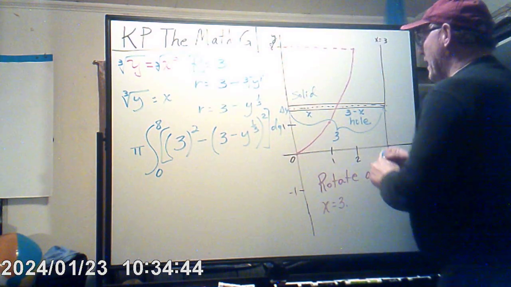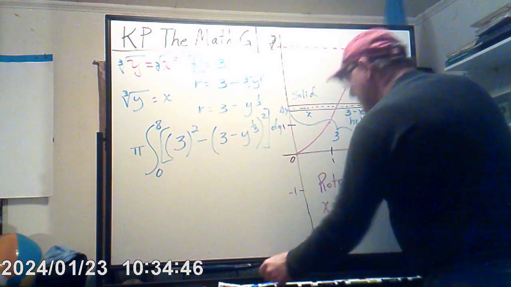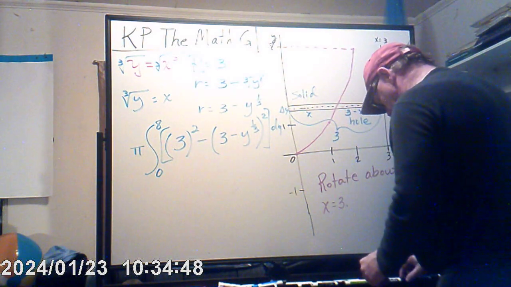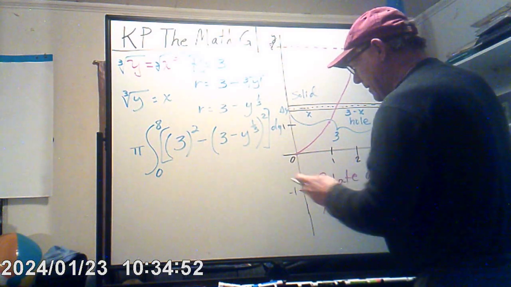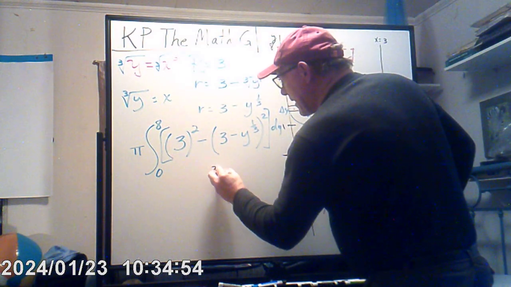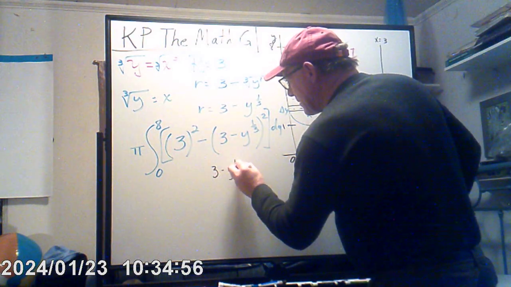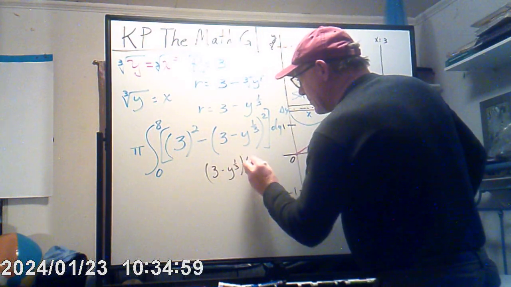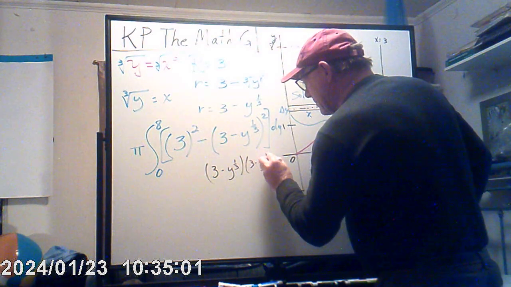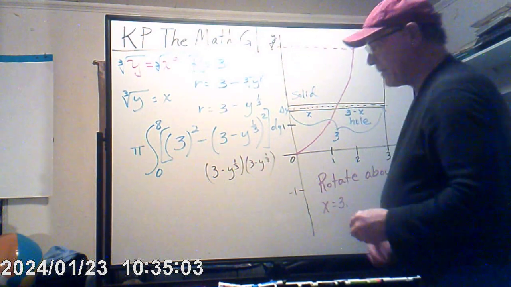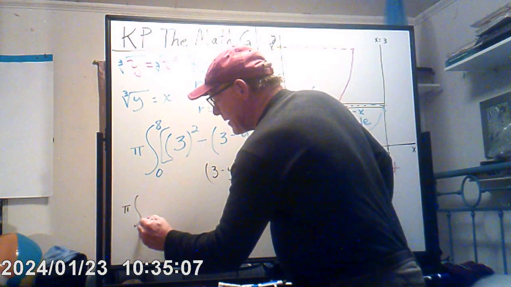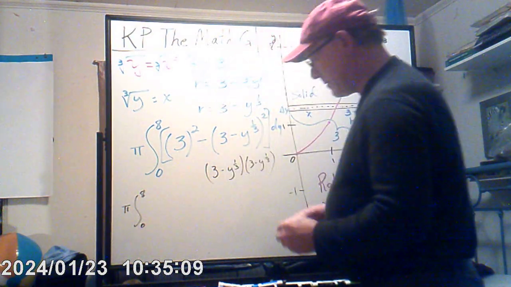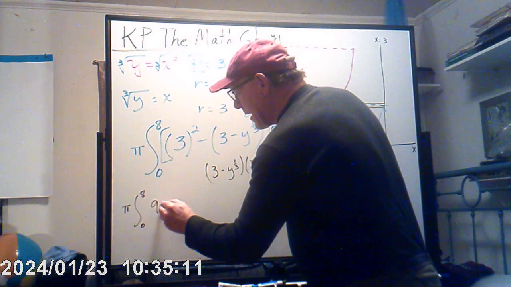So give me some room up here. Let's see. Alright, so 3, I'm going to have to erase it. So 3 minus y to the 1/3 times 3 minus y to the 1/3. I know I'm going from 0 to 8. I know 3 squared is 9.